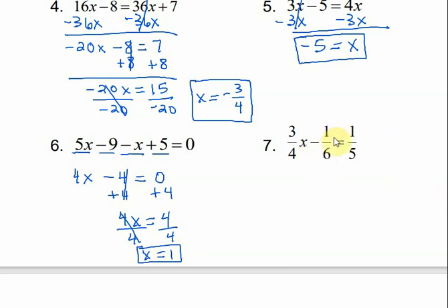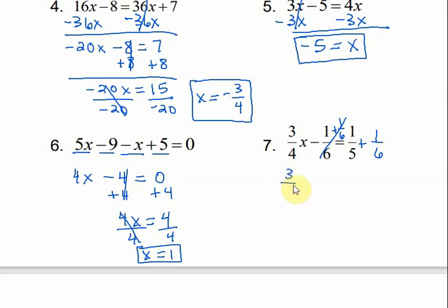Okay, for number 7, I have 3/4 x minus 1/6 equals 1/5. So I need to get stuff away from the x. This is a minus 1/6, so I'm going to add 1/6 to both sides of the equation.